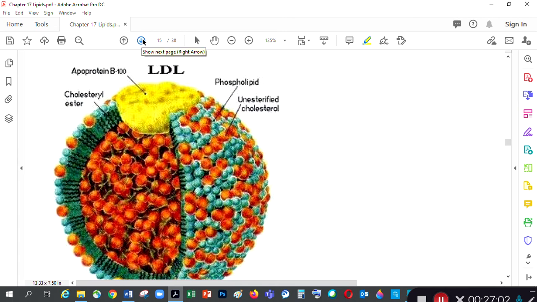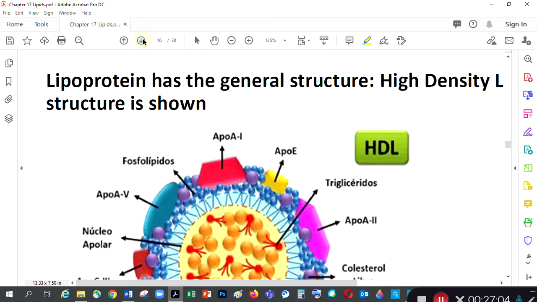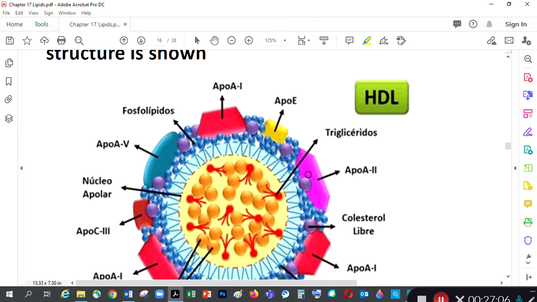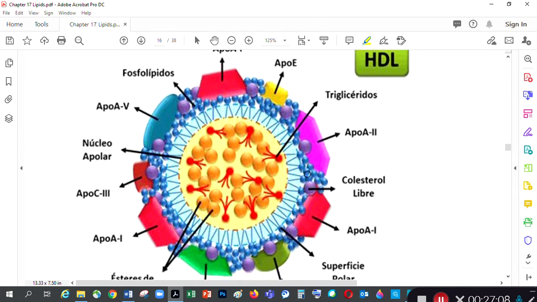Let's look at the high density one. It's totally different. You will see a lot of polarity there. We don't have to memorize it, but you see a lot of structure, and it has phospholipids, the blue ones here, the heads, all these blue ones, phospholipids. And this is like a micelle. You remember the phospholipids?